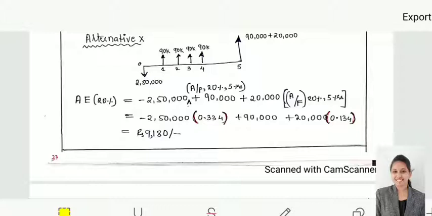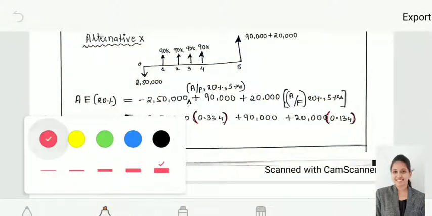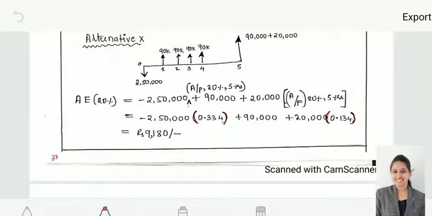Now how do we calculate the annual equivalent? Just consider the difference between the present worth and the annual equivalent. Here the annual equivalent at 20% is minus 2,50,000 times A by P. Why? Because I am calculating the annual equivalent, so the annual equivalent of this present value is what I need here.